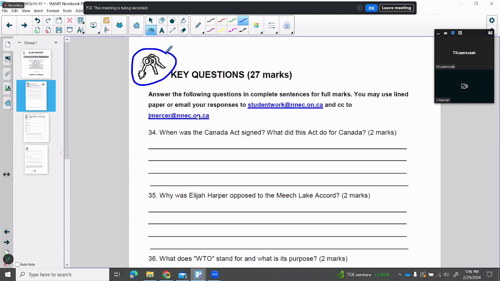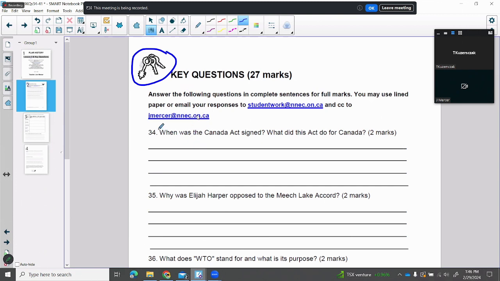Those are the ones that you submit for me to mark. If you send me the support questions, I won't be marking them because the answers are already at the end of your lesson. So when you do the support questions, you can check yourself, go to the end of the lesson, the answers are there. That gives you feedback whether you're on the right track with answering the questions.